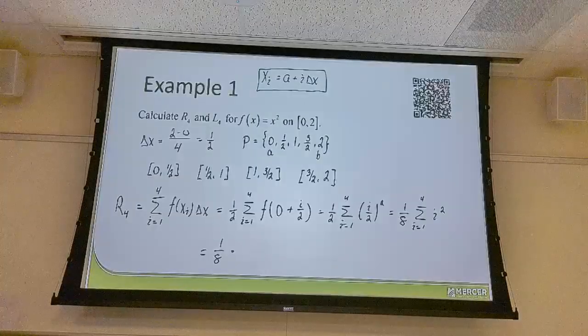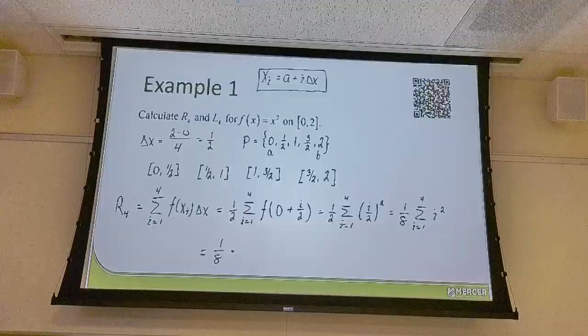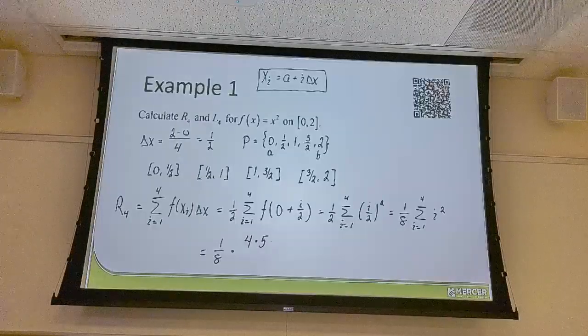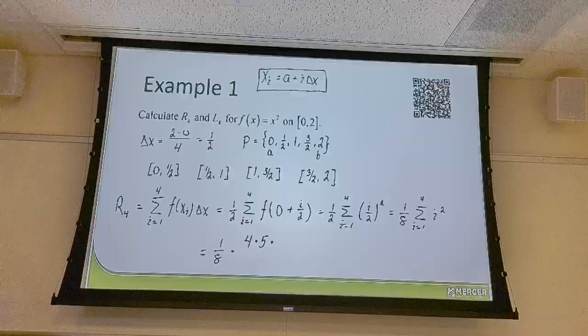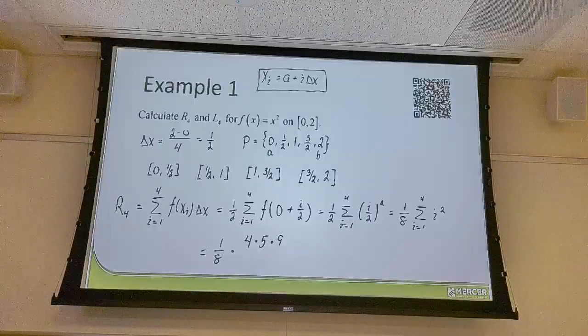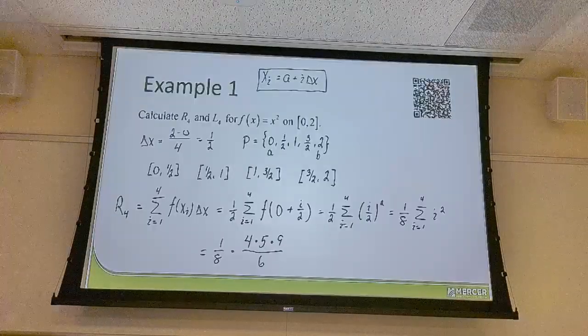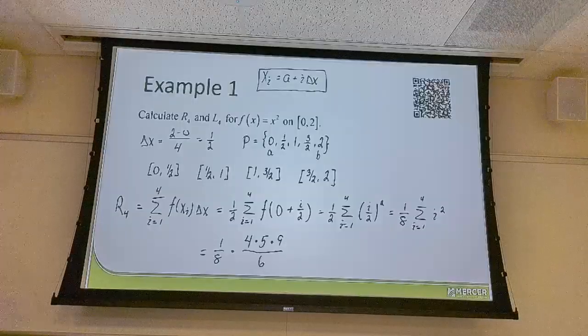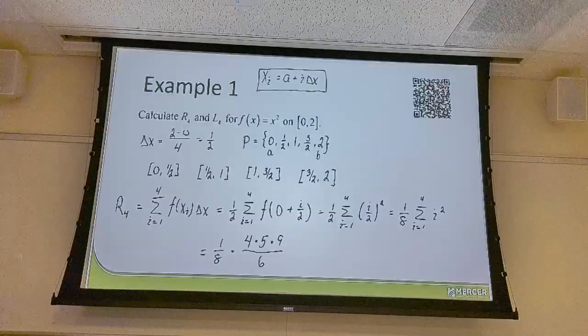The sum of i squared is n times n plus 1 times 2n plus 1, all over 6. 180 divided by 6.